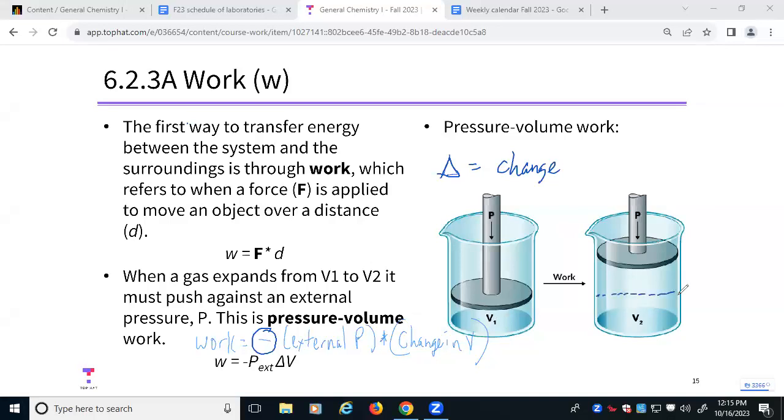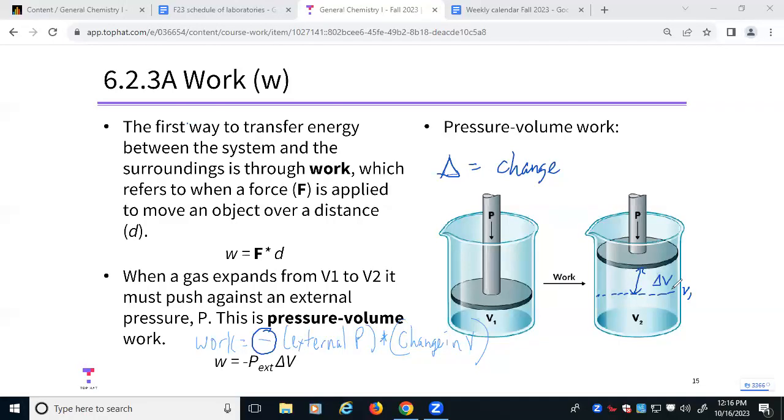So here was my initial volume. This difference would be my delta V. That's obviously an increase. It's bigger than it was. If my delta V is positive, my external pressure has to be positive also. Positive times positive gives us a positive number.